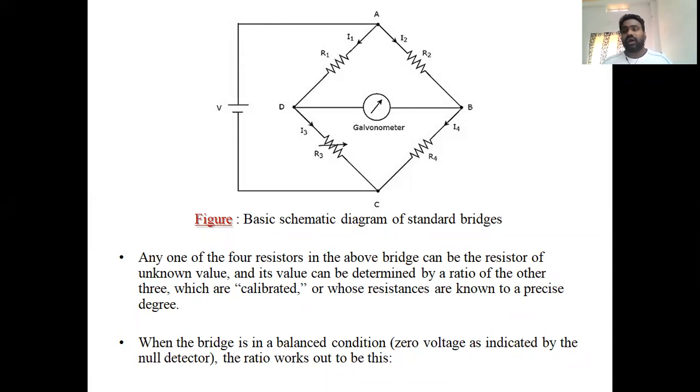At a particular situation, at what condition is the bridge balanced? If the current flowing through branch 1 is equal to the current flowing through branch 2, and the current flowing through branch 3 is equal to the current flowing through branch 4, that is, I1 is equal to I2 and I3 is equal to I4, at that instant the bridge is in balanced condition, with no deflection in the galvanometer.